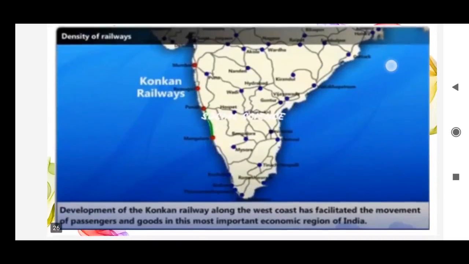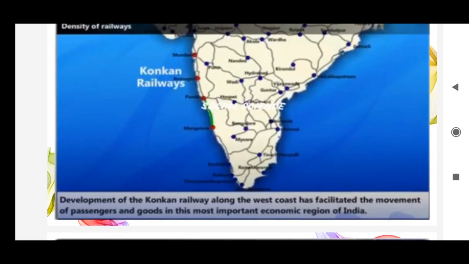Now, the development of the Konkan Railway along the west coast has facilitated the movement of passengers and goods in the most important economic region of India, children. Though the Konkan region has the Sahyadris, the Western Ghats, mountains, because of the economic activities over there, they have constructed the railway lines through passes, which we have discussed earlier.